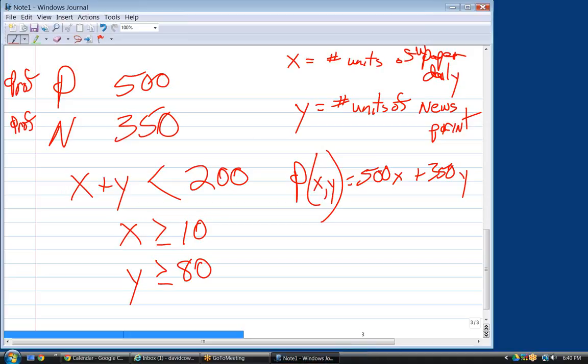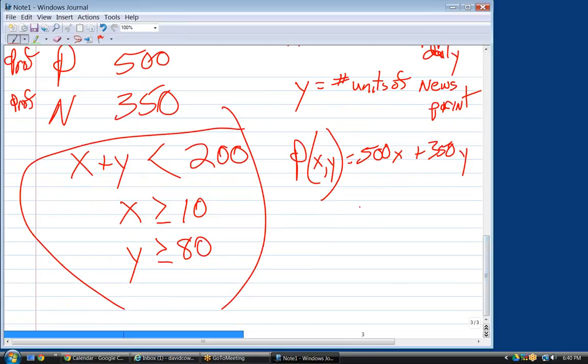Now, each of these constraints can be graphed as a linear relationship. What's their question again?